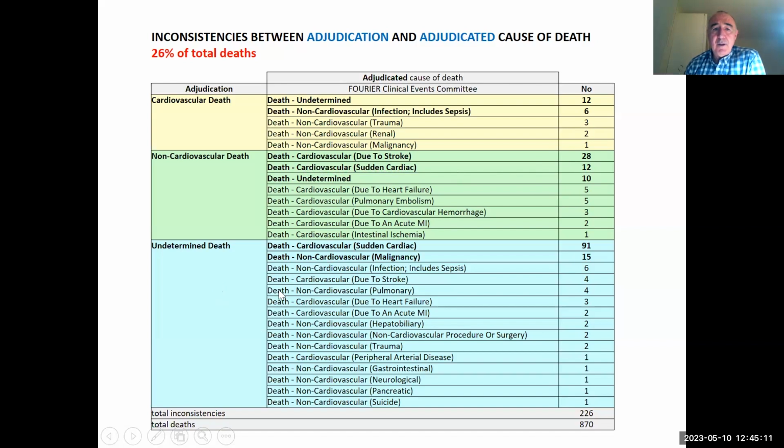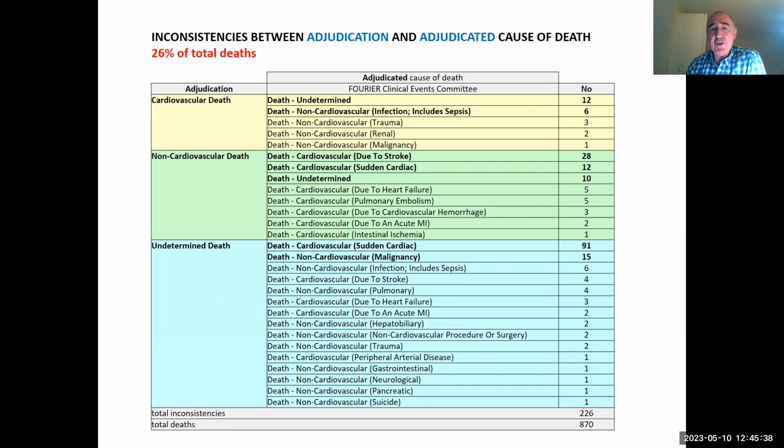And in blue, you can read those cases that were tagged as undetermined deaths, but at the same time, they were said to be cardiovascular deaths, sudden cardiac deaths in 91 cases, or non-cardiovascular deaths because of malignancy in 15 cases. So there were a lot of inconsistencies.